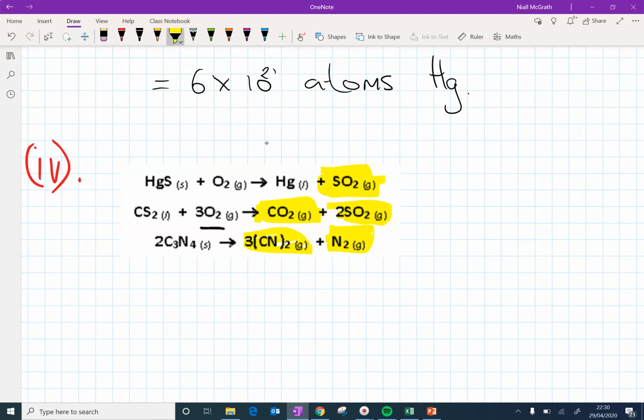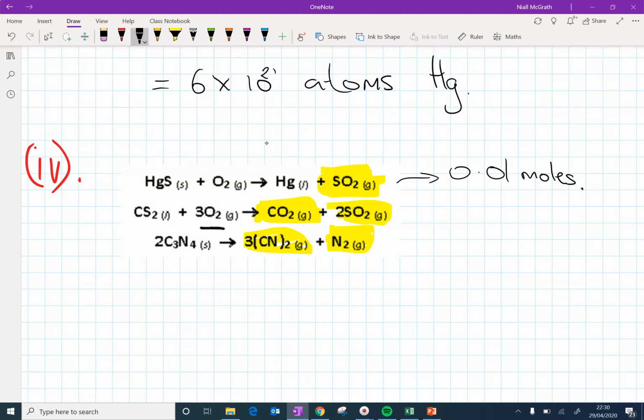Here everything is in a 1:1 ratio, and the amount of moles we have of everything here is 0.01. So here we produce 0.01 moles of SO2.